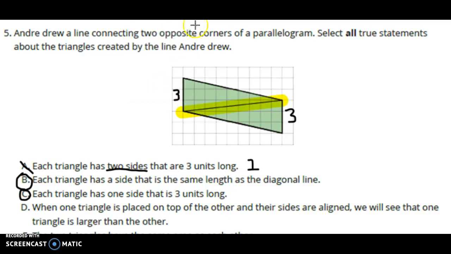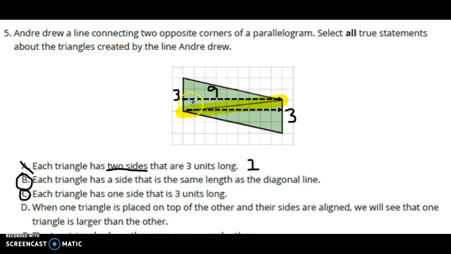So to do that, we're going to draw a line that is at a right angle to the base. Here's my height line. Draw it with me. Then let's see if it's the same. We're going to count the units. 1, 2, 3, 4, 5, 6, 7, 8, 9. So I'm going to write on my height line 9.